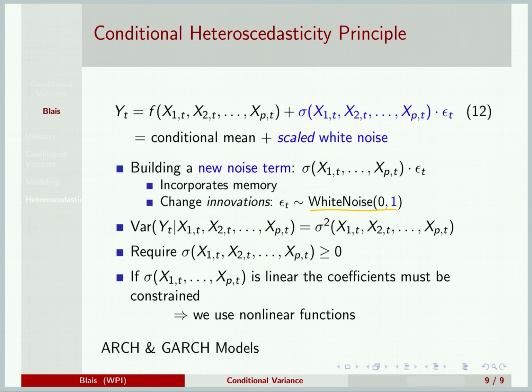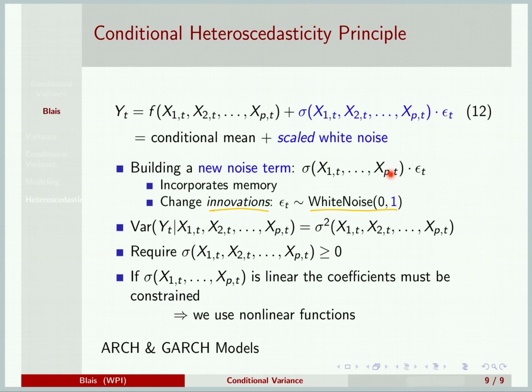We also rename them, calling them innovations. With that, we introduce a function sigma of the predictors, and that scales our innovations. You can now think of this as a new type of white noise term, which we will call a scaled white noise.